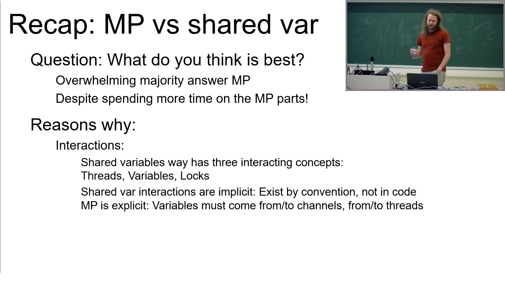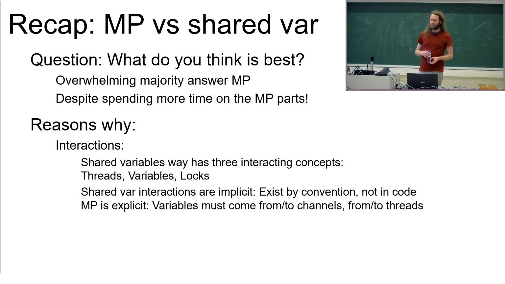But with message passing, all of these interactions are explicit. So in order to get a variable, it needs to come from a channel. In order for it to come from a channel, it needs to be sent by another thread. And in order to send the variable, it needs to be received by another thread. So in order to use the variables, you need to use the channels. In order to use the channels, you need to interact with the threads.